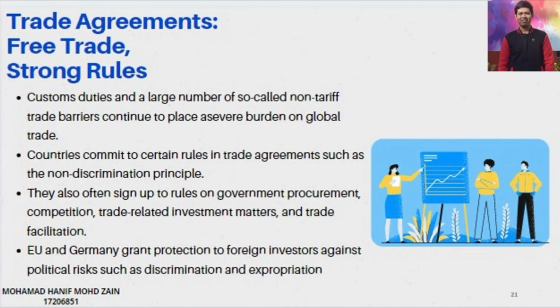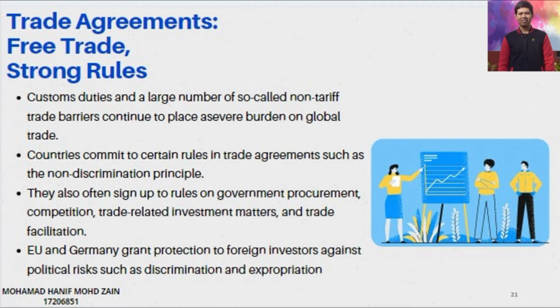Trade agreements, free trade and strong rules. Customs duties and a large number of so-called non-tariff trade barriers continue to place burdens on global trade. Consumers pay the price in the form of higher prices and less availability of better products and services.